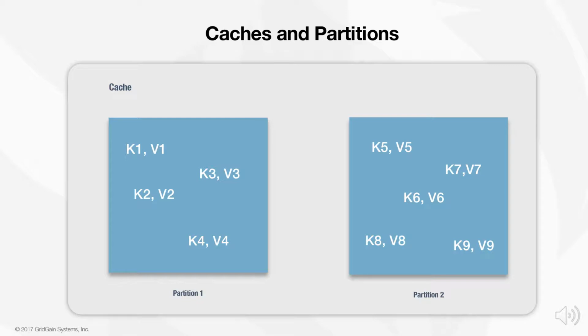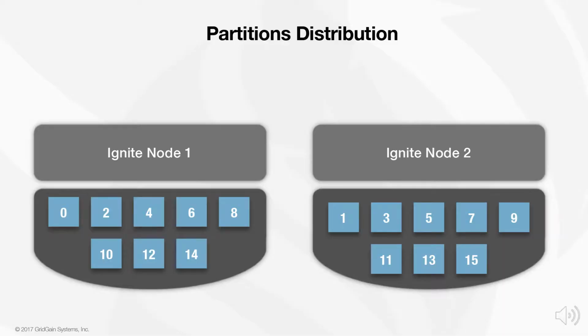Every cache will have multiple partitions, first of all. So the data is split into partitions. Every partition is kind of a bucket for entries. For example, you have one partition with like 4 entries there, and there is another partition with some other entries that are not related to the previous one. Then those partitions are distributed across nodes.